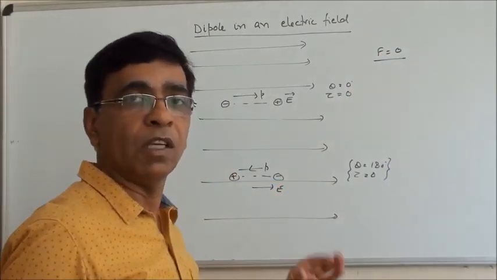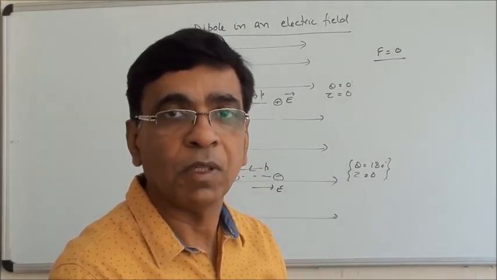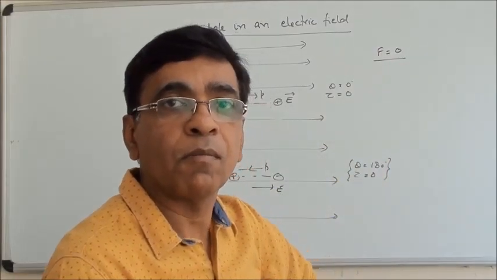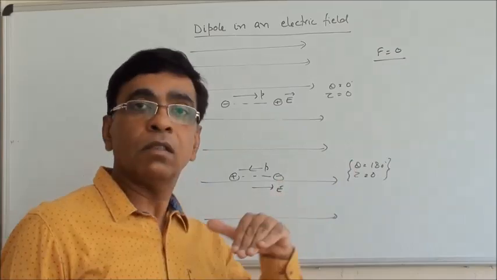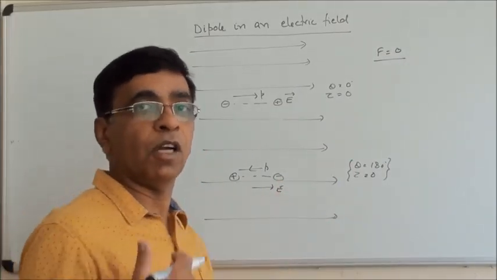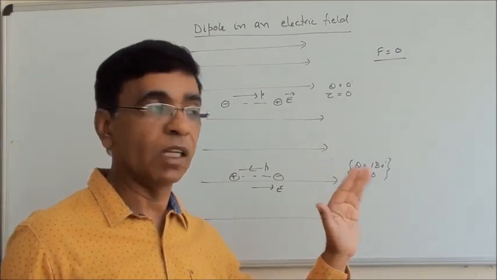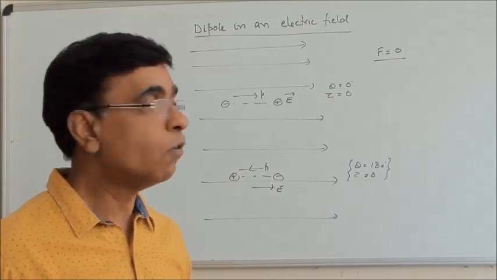We have seen that whenever a dipole is kept in a uniform electric field, net force is 0, so there is translational equilibrium. Torque is 0 only when this is along the field, whether parallel or anti-parallel. Otherwise there is torque. So there won't be rotational equilibrium then.